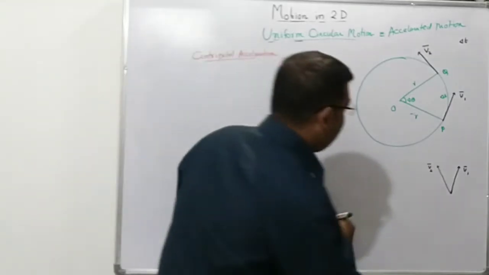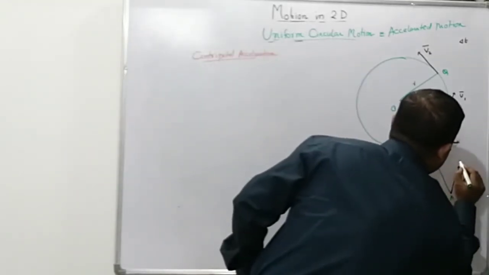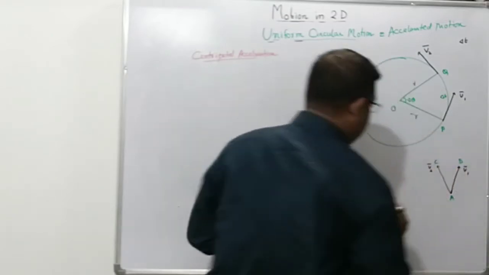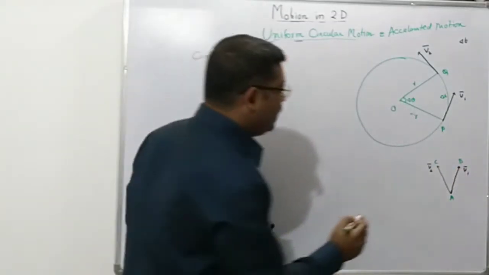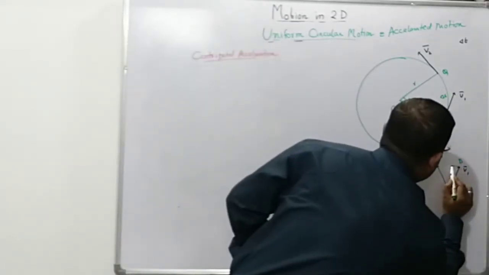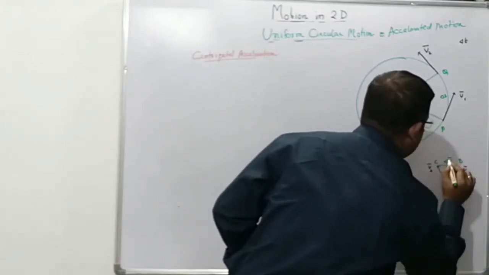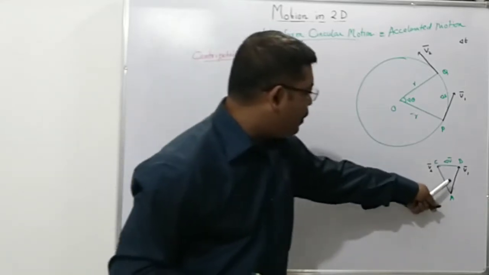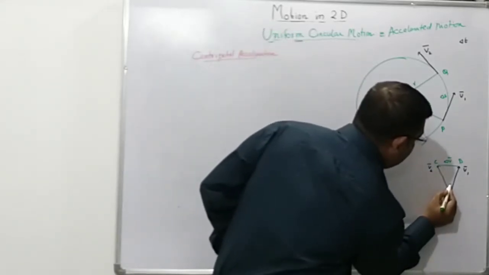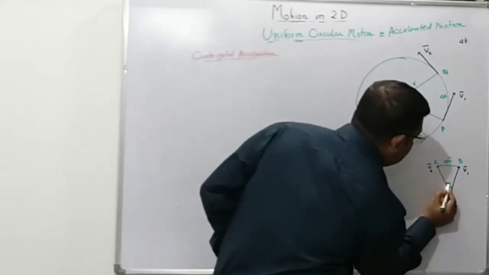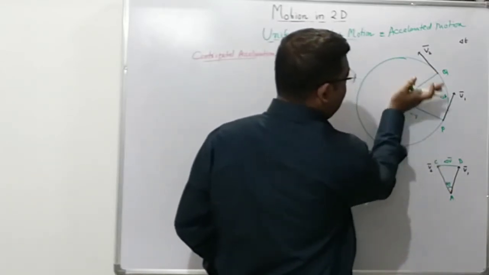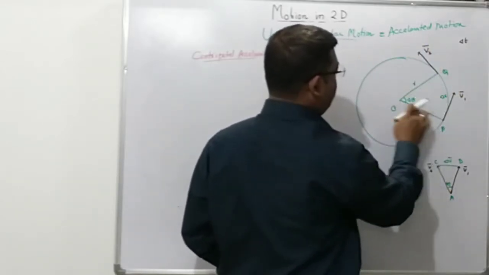Let's call this point A, this B and this C. So what we see is that the change in velocity will be in this direction, that will be delta V. From the geometry of this, this angle will be delta theta, because these are tangent to OP and OQ.